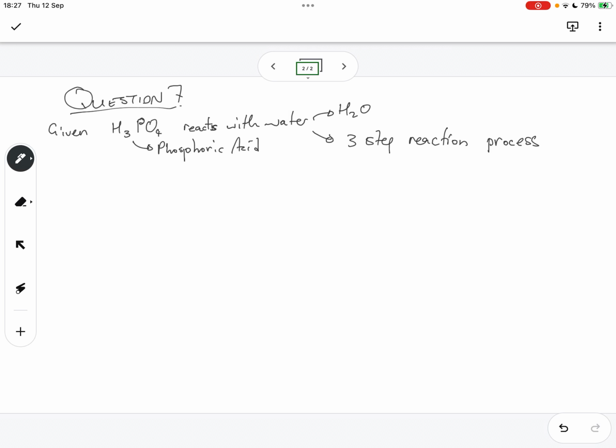Okay, cool. So for now, the question tells us that we have phosphoric acid reacting with water in a 3-step process. So step 1 is as follows. We have H3PO4 plus H2O. It's a reversible reaction. It gives us H2PO4 minus plus H3O plus, ne?